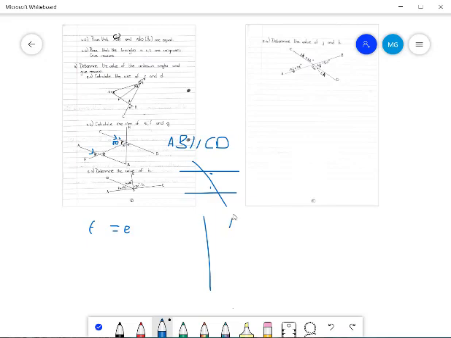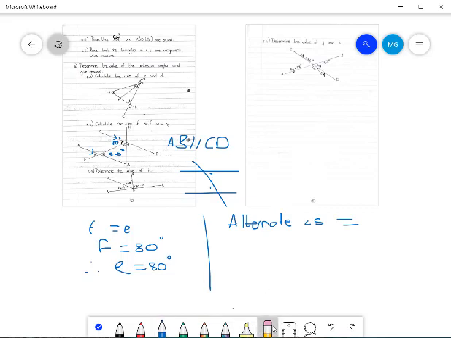Alternate angles are equal. So F is 80 degrees. Why do we say that? Because we calculated it there. So if F is 80 degrees, then therefore E is also 80 degrees.